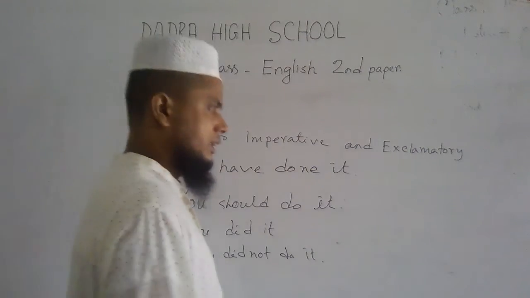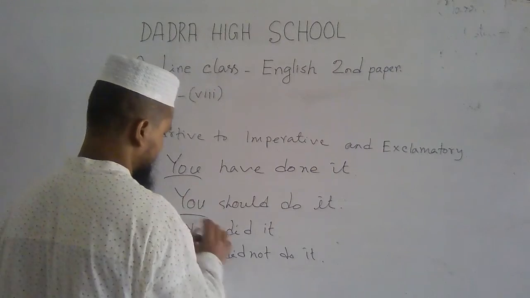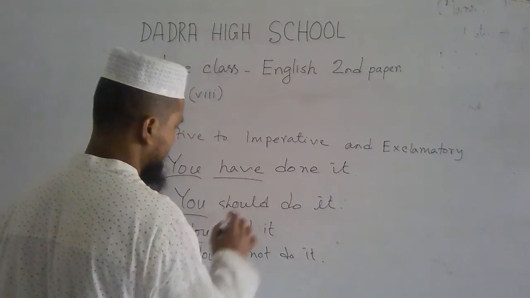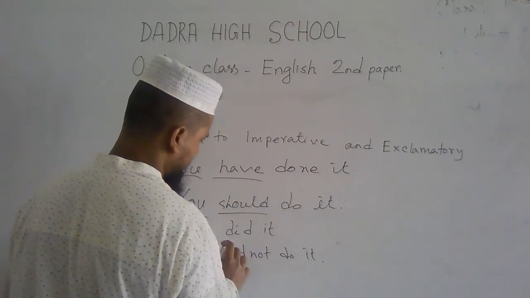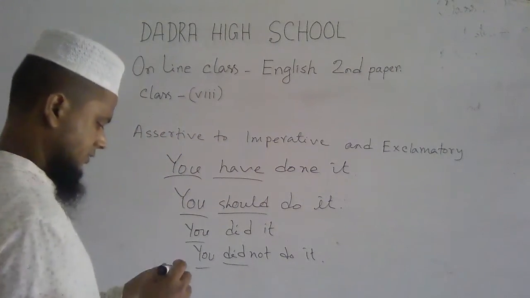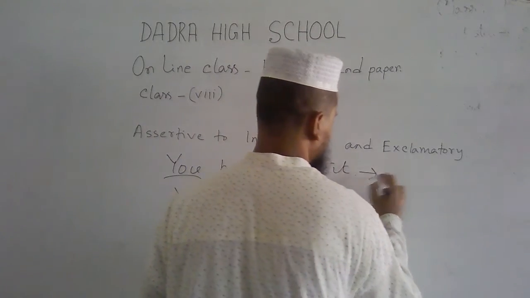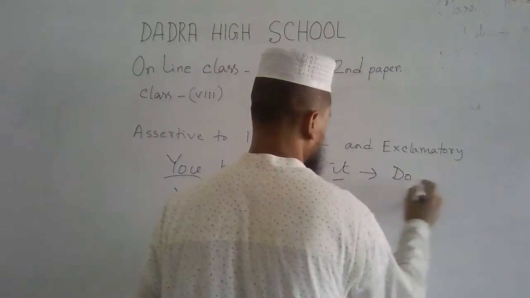So, if you want to make them imperative, first you have to give up the subject. Then, if there are any modal auxiliaries or auxiliaries, you will make the verb into base form. Do it.